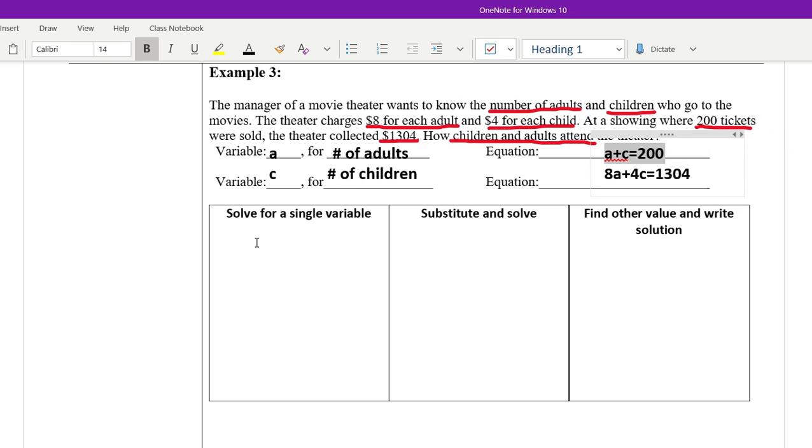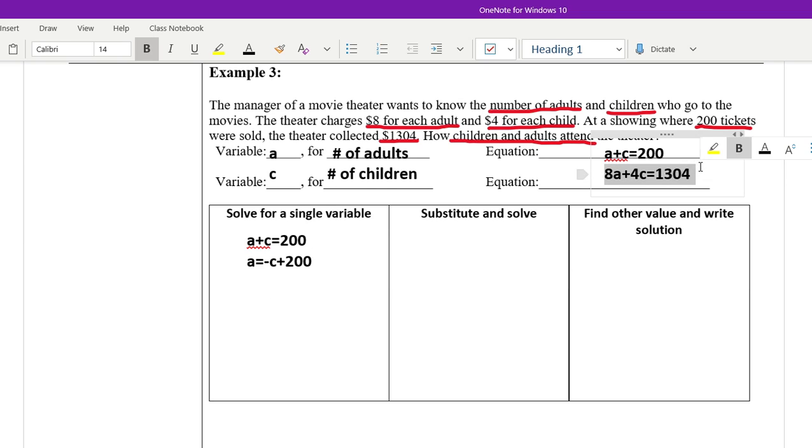Now I'm going to use the first row because it has a simplified rate. Both A and C are by themselves. I can solve for either variable. I'm going to choose to solve for A, which means I need to subtract C from both sides. I now have A by itself.